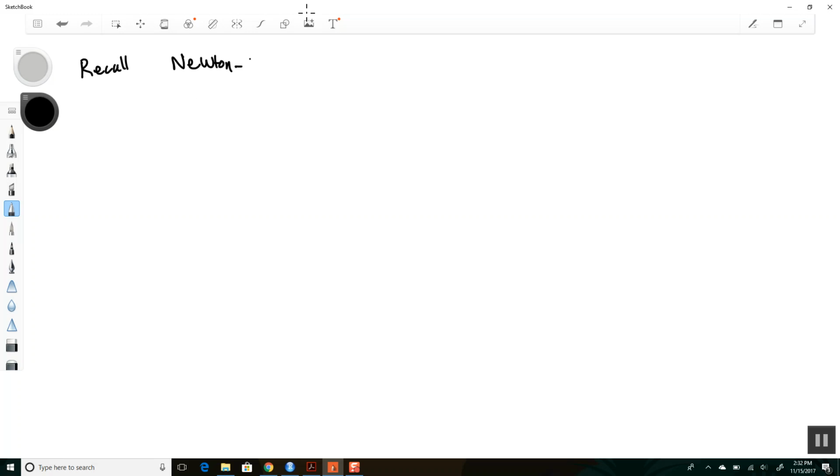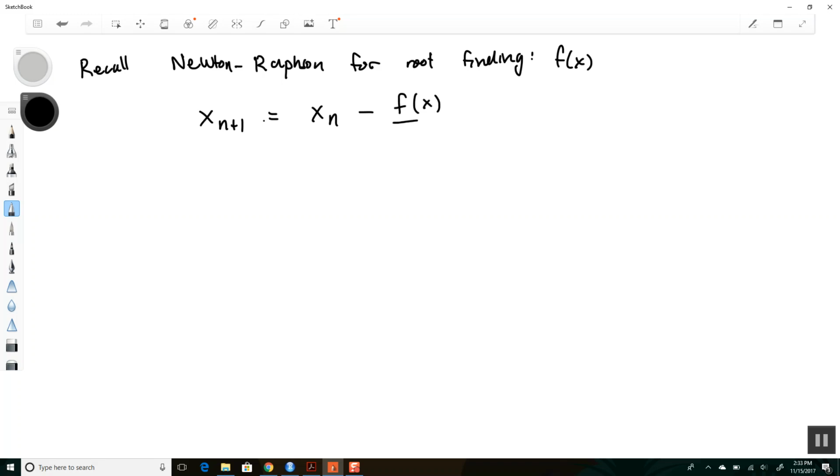But it's often recall from like 7 years ago. So Newton-Raphson for root finding was what? Root finding of f of x, we would say x at n plus 1 is equal to x at n minus f of x divided by f prime of x.